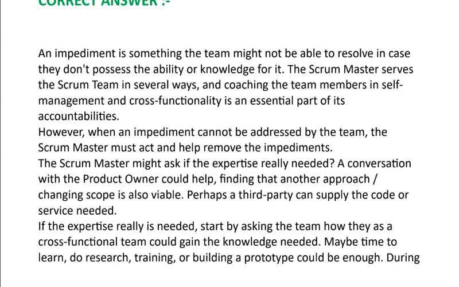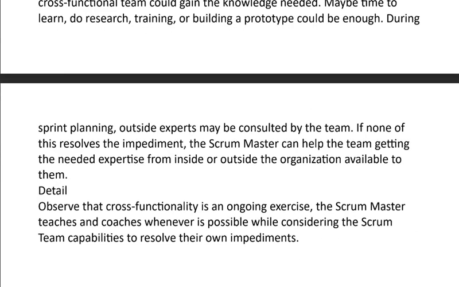If the expertise really is needed, start by asking the team how they, as a cross-functional team, could gain the knowledge needed. Maybe time to learn, do research, training, or building a prototype could be enough. During sprint planning, outside experts may be consulted by the team.